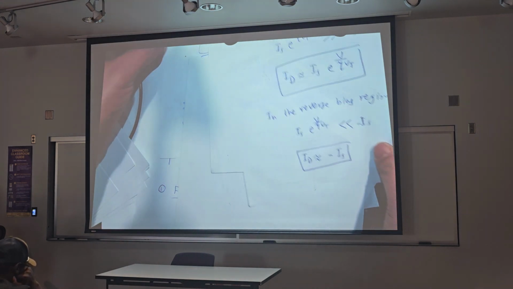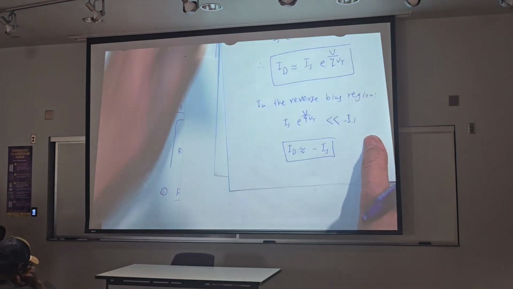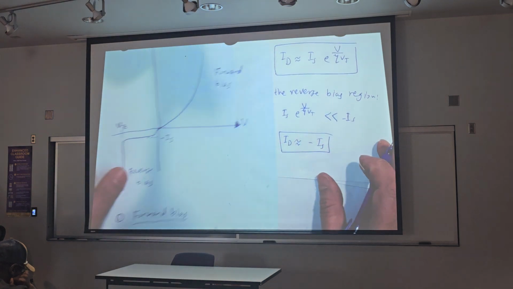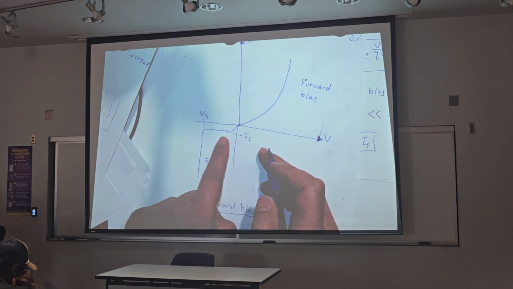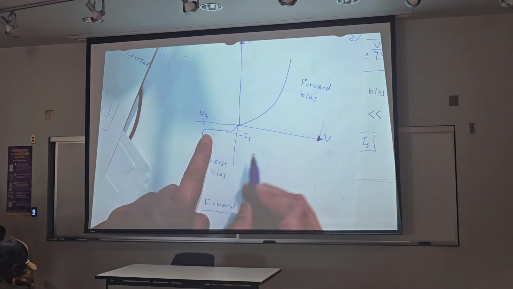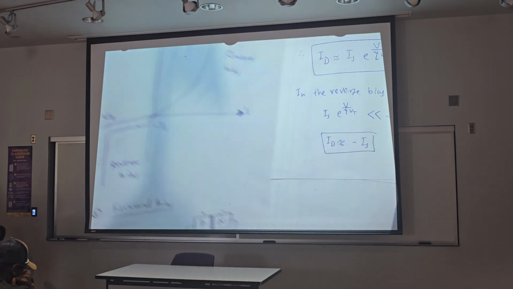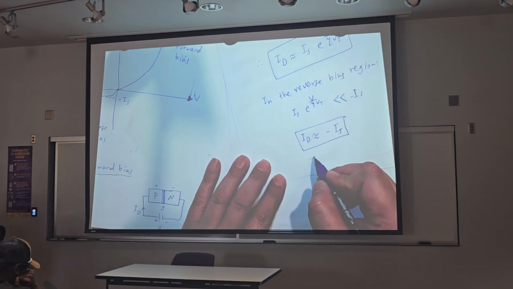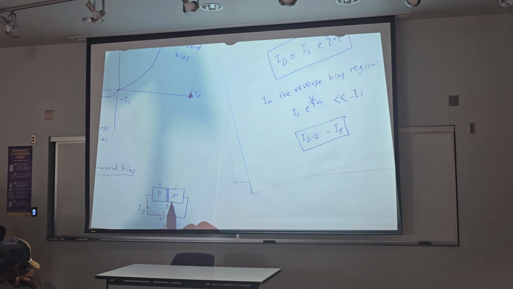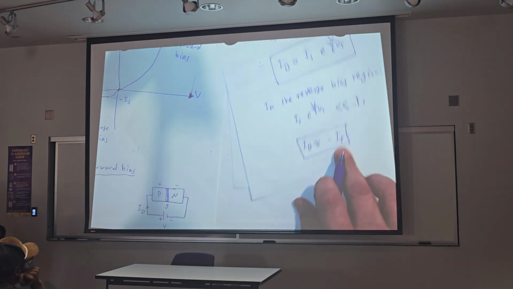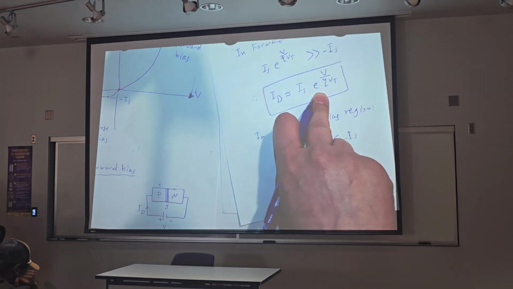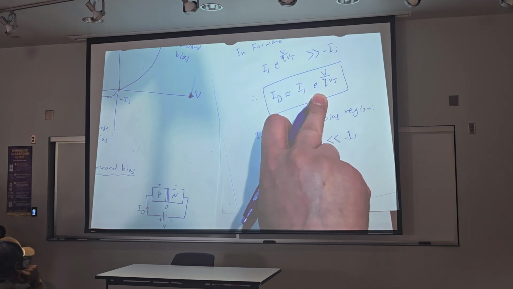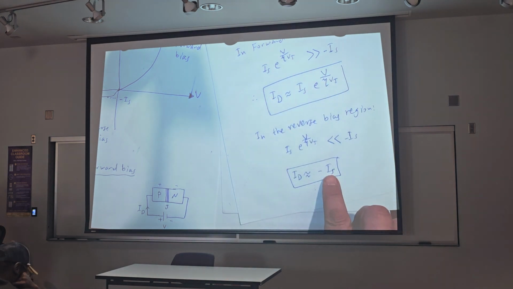In reverse bias, the current equals minus IS, constant. Why? Because IS is constant, not exponential, not sine, not cosine, just minus IS.